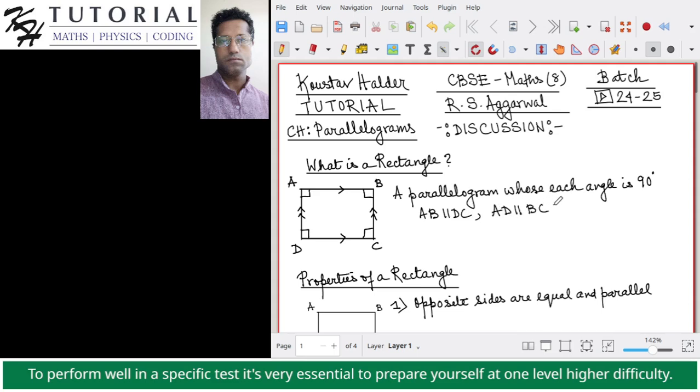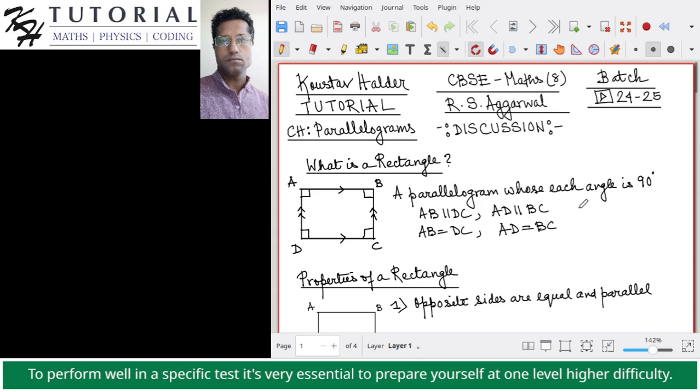Also, since it's a parallelogram, the pairs of opposite sides will be equal and parallel. So we will also have AB equal to DC, and AD equal to BC, and additionally every angle of the parallelogram has to be equal to 90 degrees.